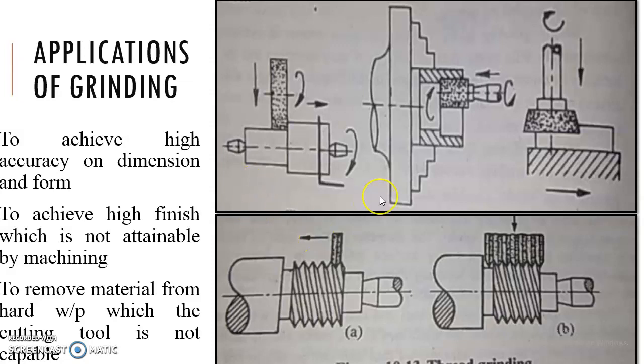Any other machining process is not able to remove hard workpiece material. So these are certain applications shown here for grinding. Even removing small particles from a threaded workpiece is possible by a grinding wheel. We can do internal grinding, we can do external grinding, we can remove the material from the workpiece.